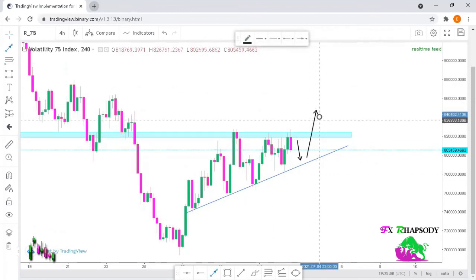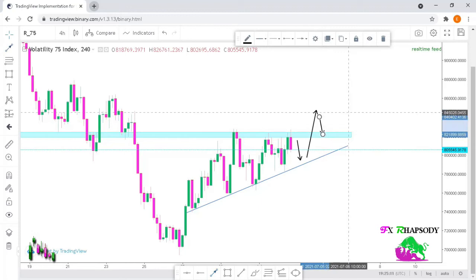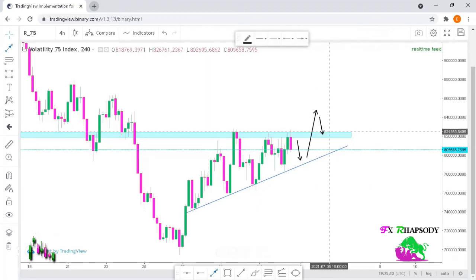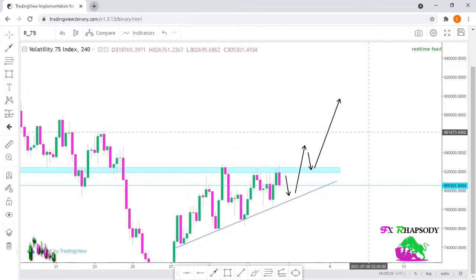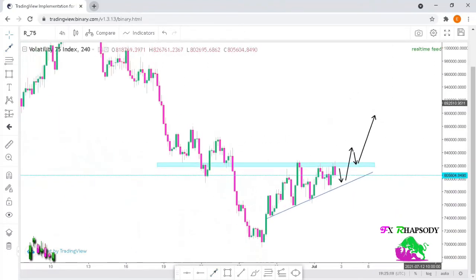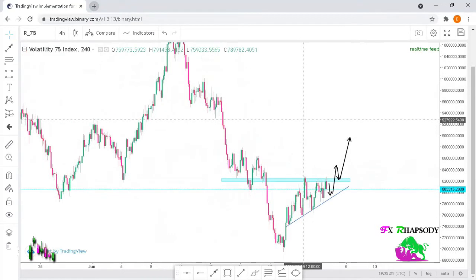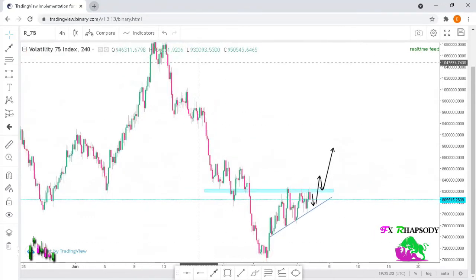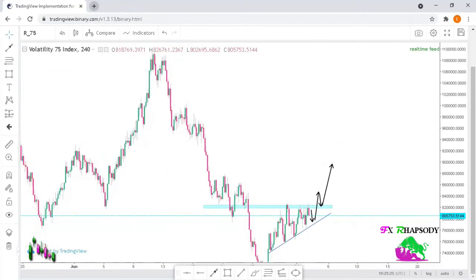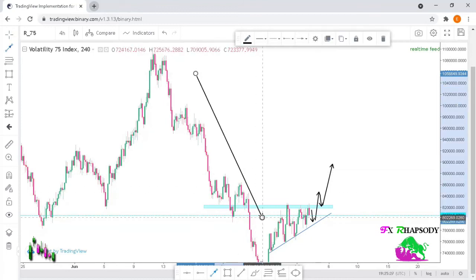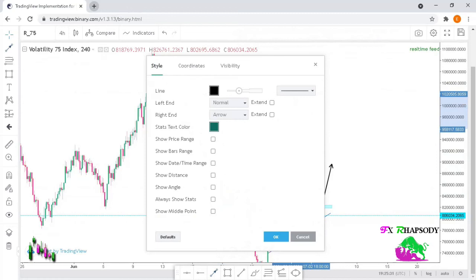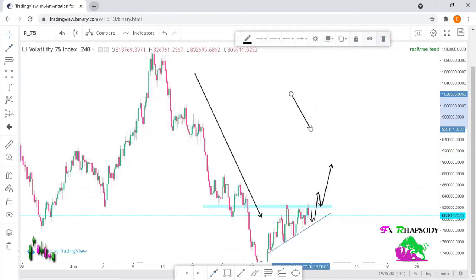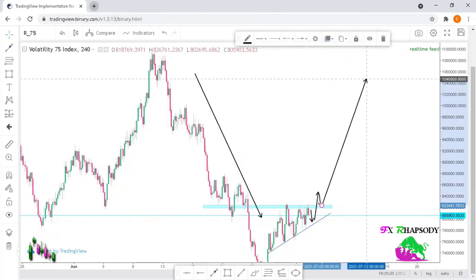Bear in mind we're on the 4 hours, and then it's going to do that huge move to the upside. If we scroll out, what I mean by huge move, it's going to make something like this. That movement. That is what it does.